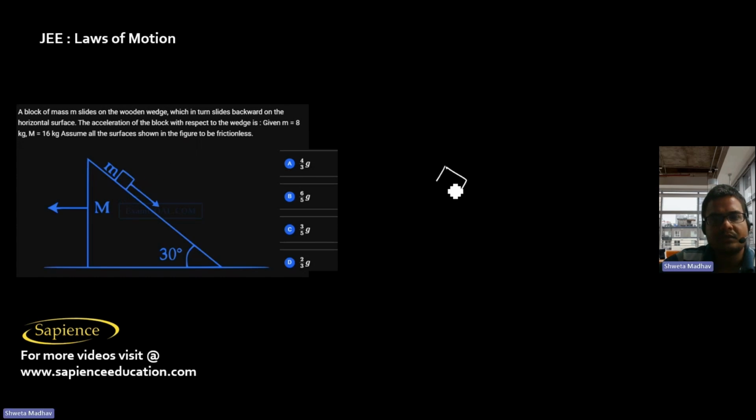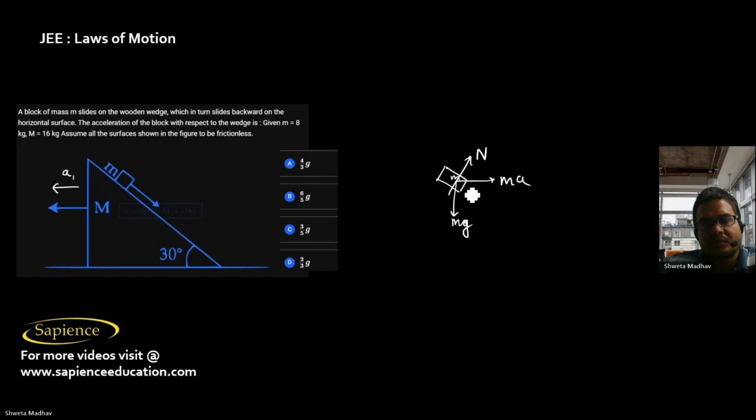So if you draw the free body diagram of the mass m, if the wedge is moving with some acceleration a1, then we can say on this mass m some pseudo force is acting, which is ma, like this, and mg is acting downwards, and normal reaction is acting, and surfaces are smooth.